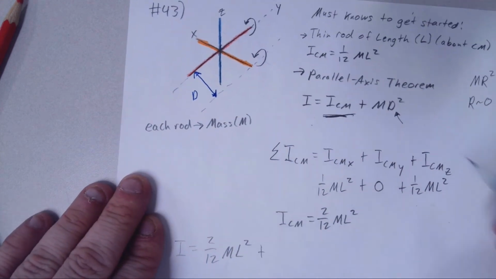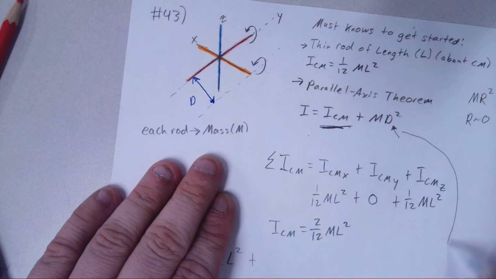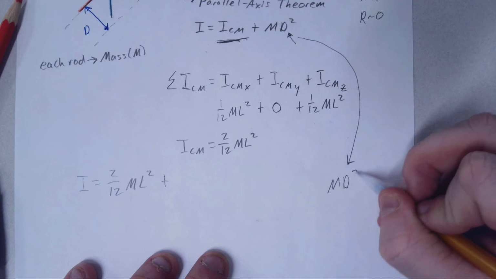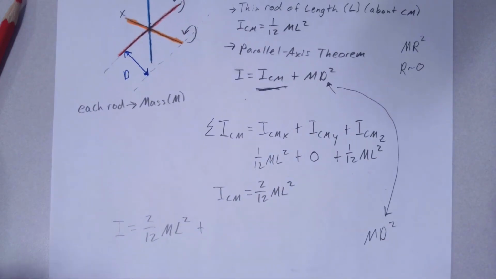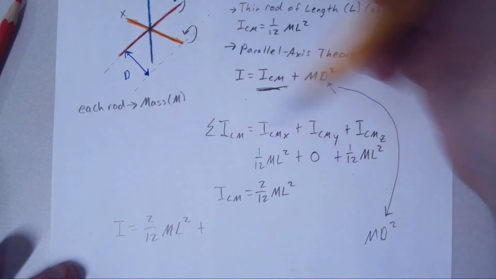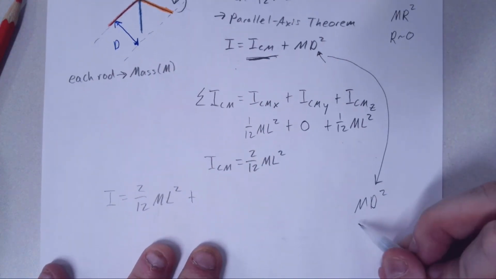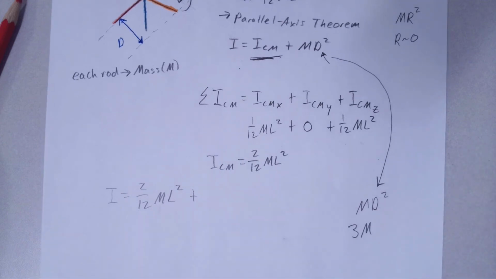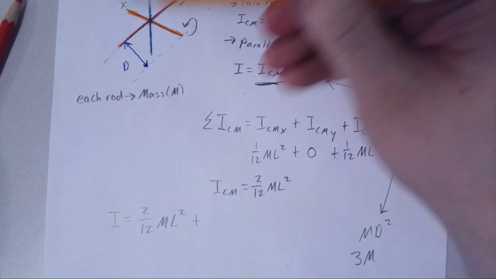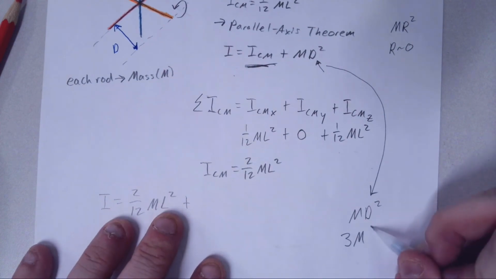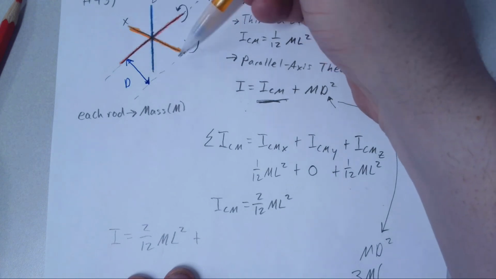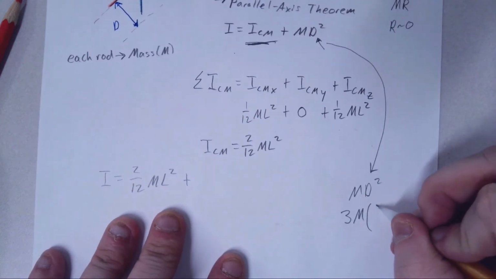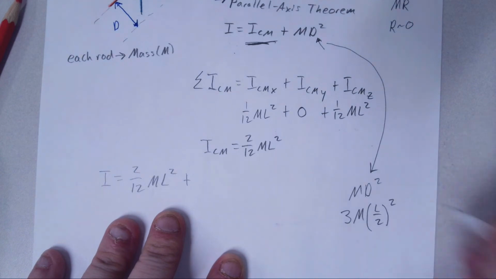So for md squared, we also have to remember that there's not just one rod here. There are 3 rods, and each has a mass of m. So this mass becomes 3m, to represent that we are taking the whole mass of all of them. And d, in this case, is not the whole length but just L over 2, and that is squared.